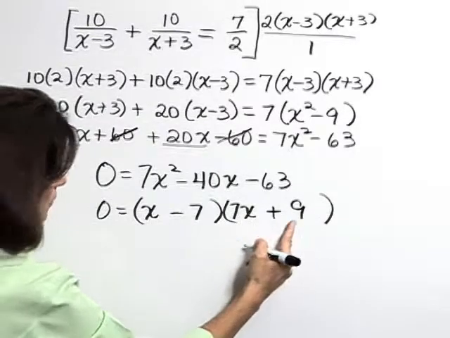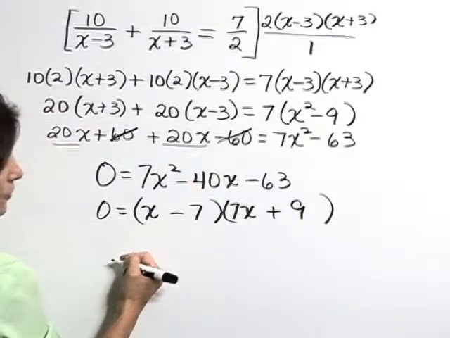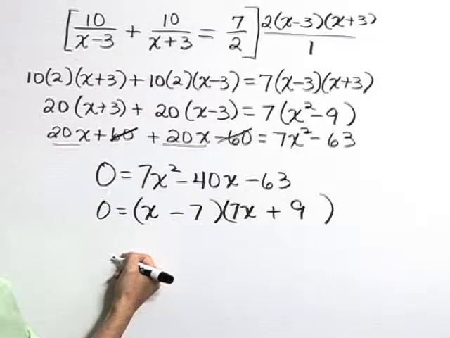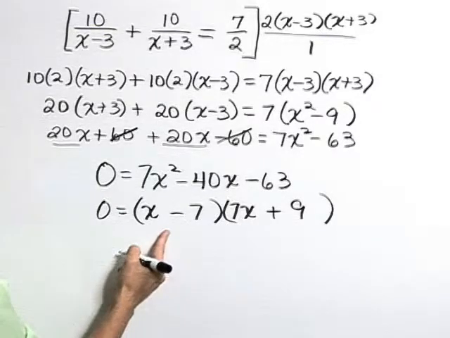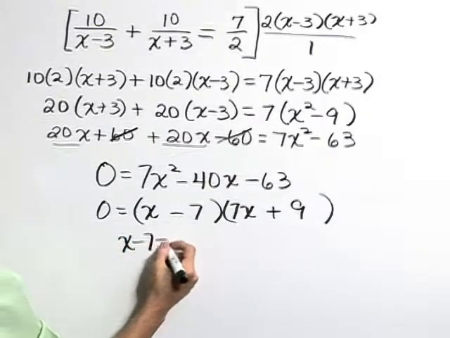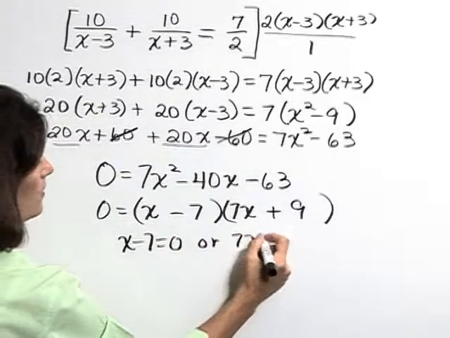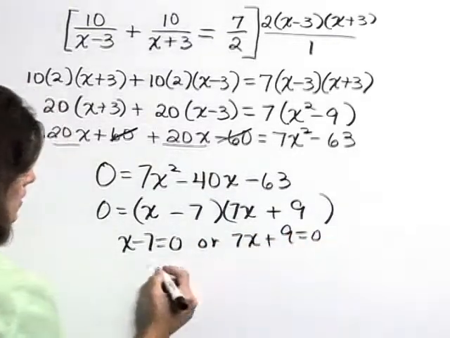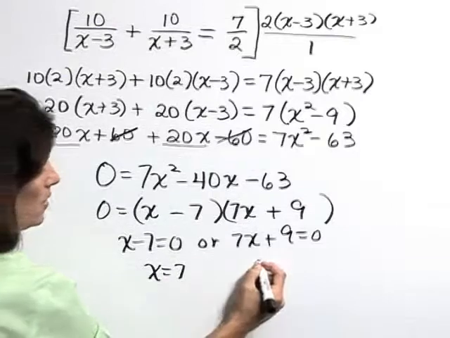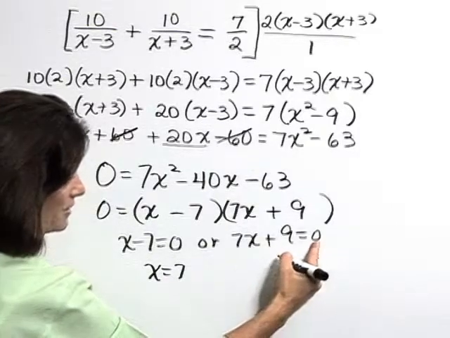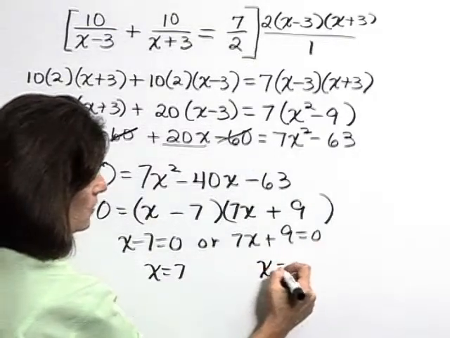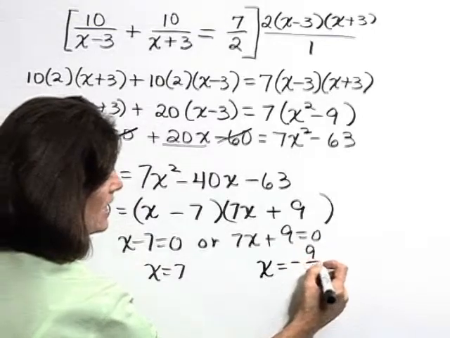Negative 49x plus 9x does result in negative 40x, so that's good. Using our zero factor property, x minus 7 is 0, or 7x plus 9 is 0. So x is equal to 7, or subtract 9, divide by 7, x is negative 9/7.